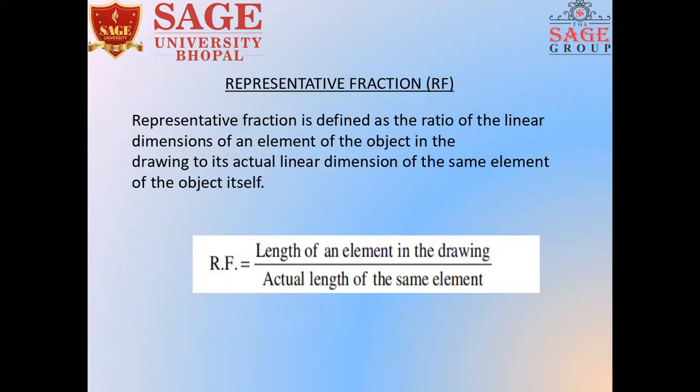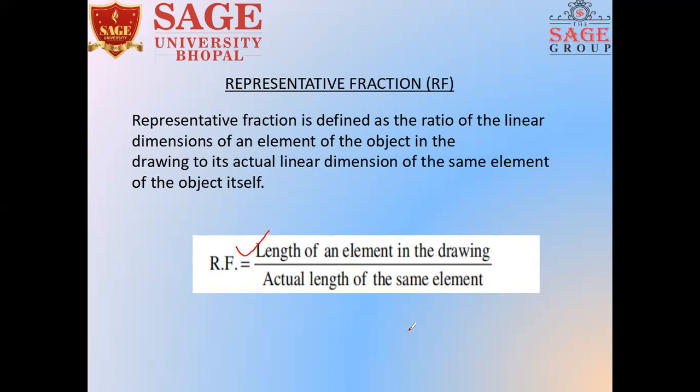First, we know here what is the representative fraction, RF. Representative fraction is defined as the ratio of the linear dimension of an element of the object in the drawing to the actual linear dimension of the same element of the object itself. So what is RF?